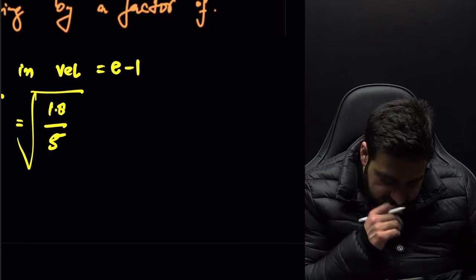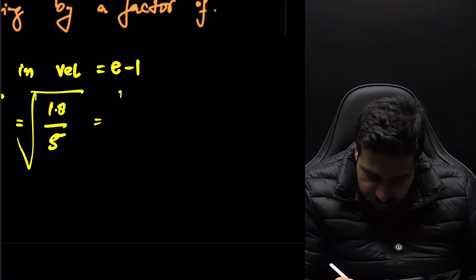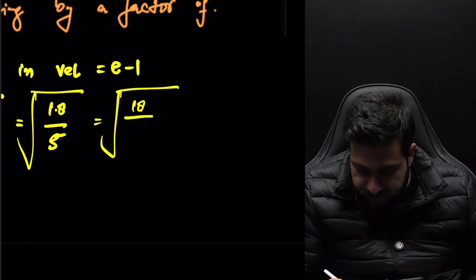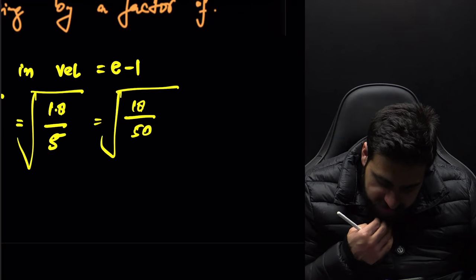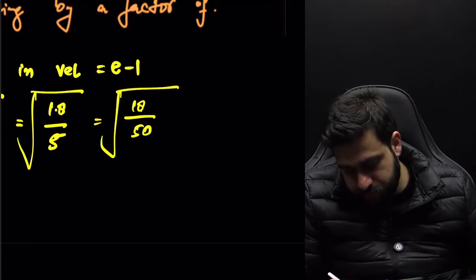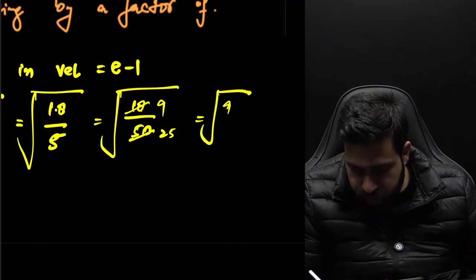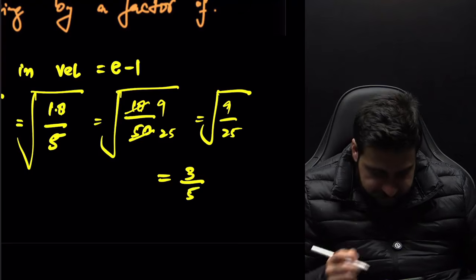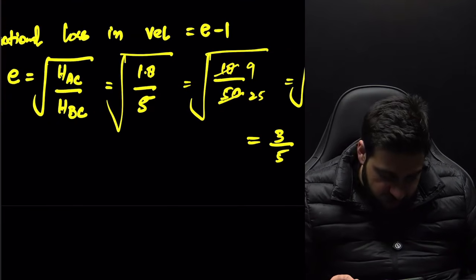Now what can I write in this particular case? This is going to be under root of 1.8 by 5, which we can write as 18 by 50. Two 9s are 18, two 25s are 50, so root of 9 by 25, that is 3 divided by 5.